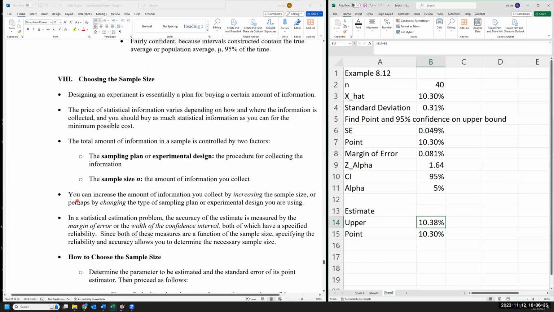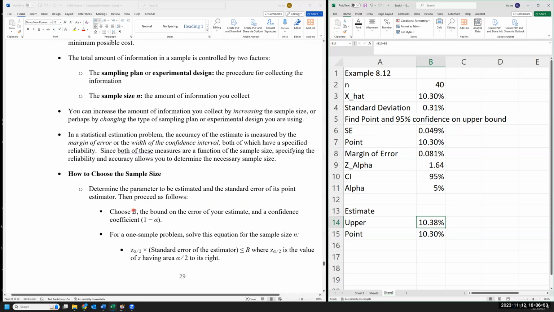The price of statistical information varies depending on how and where the information is collected, and you should buy as much statistical information as you can for the minimum possible cost. The total amount of information in a sample is controlled by two factors: the sampling plan or the experimental design, and the sample size n. Okay, we're going to talk about n here.